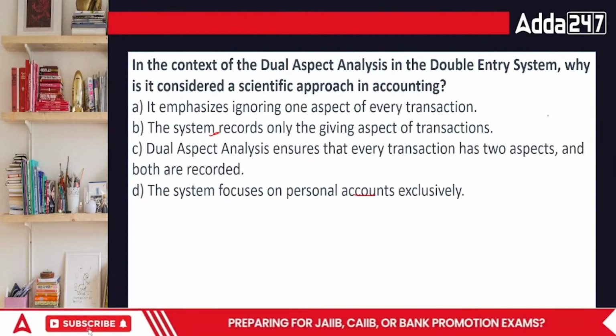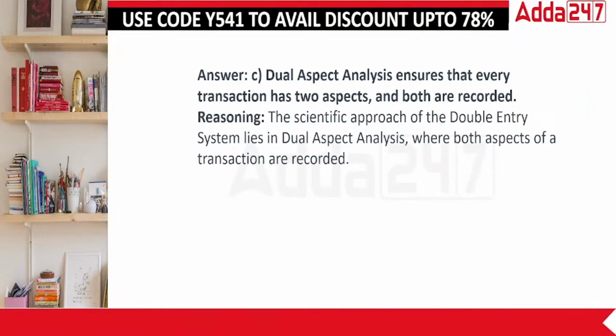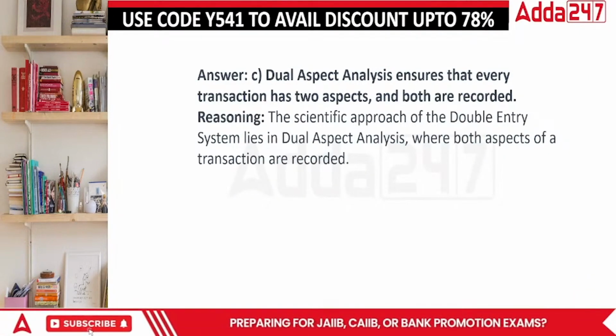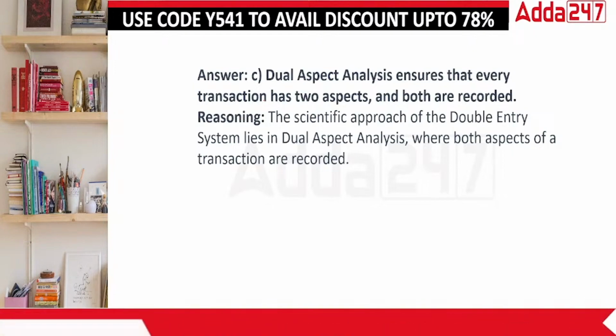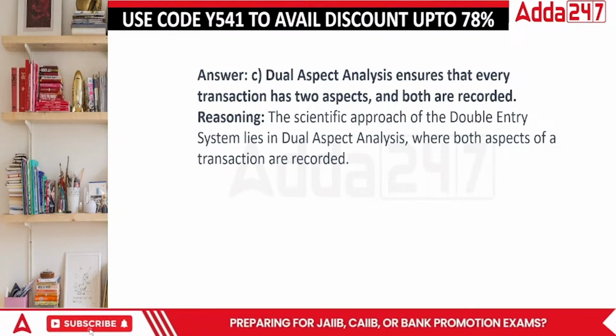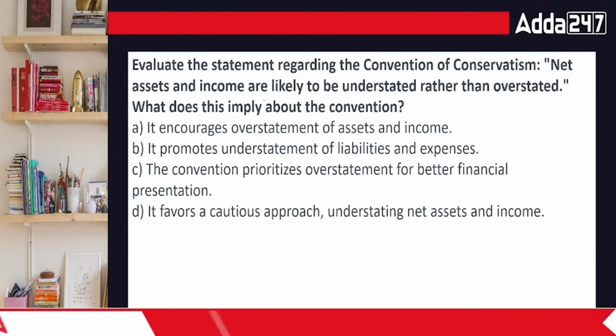No. The dual aspect analysis talks about the duality. Matlab, debit and credit, both aspects are recorded of everything. Right? So in this case, what's going to be the answer? C is the answer because we talk about dual aspect.